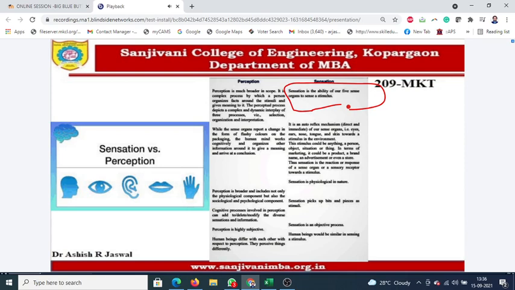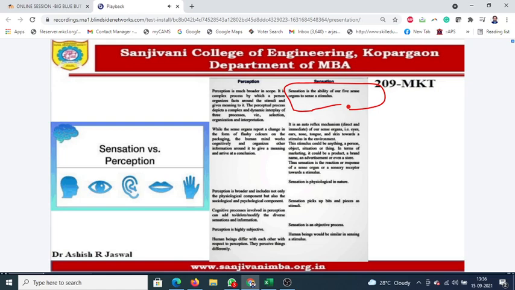Now this is trying to have an understanding of a stimulus. It means sensation is an auto-reflex mechanism. What does auto-reflex mechanism mean? It means that it is direct and immediate from our sense organs.